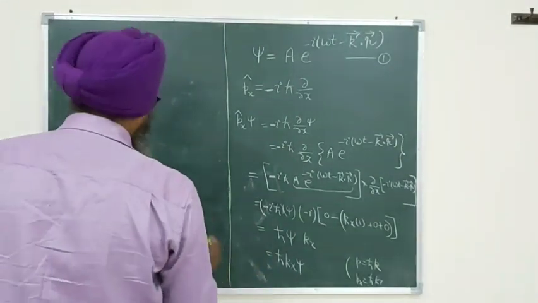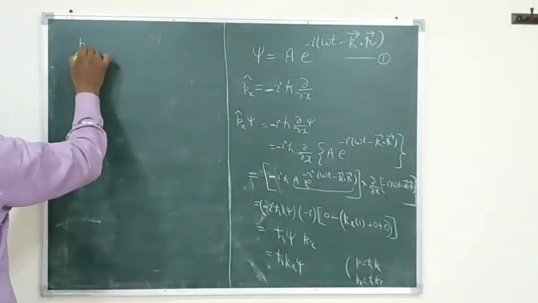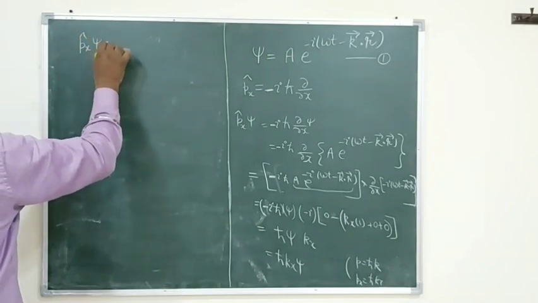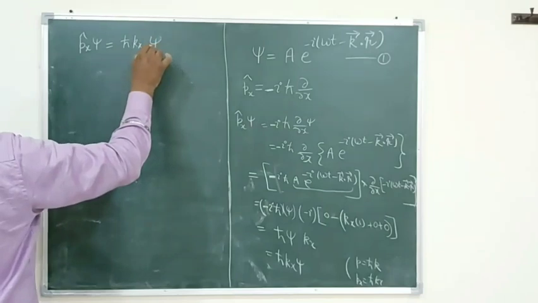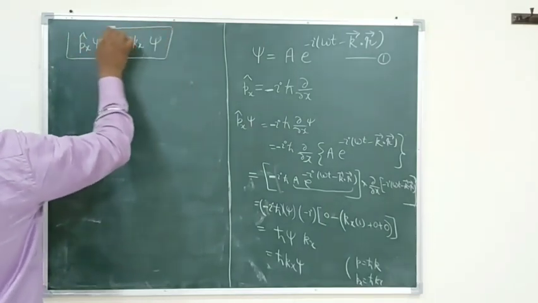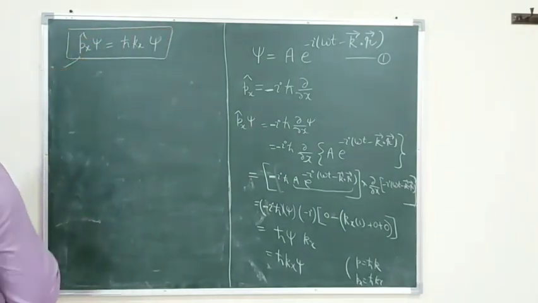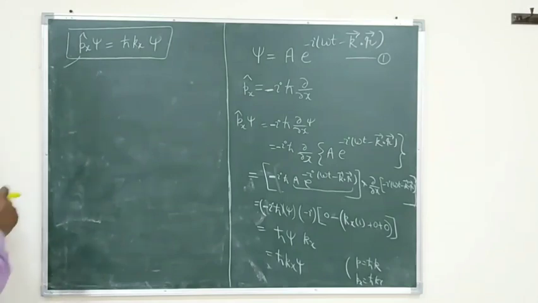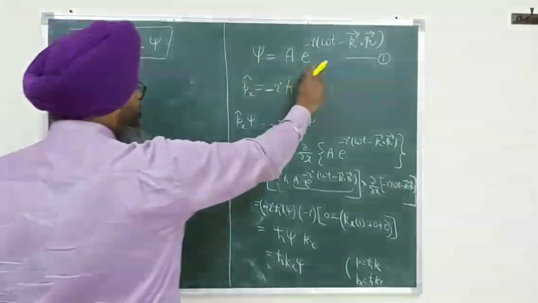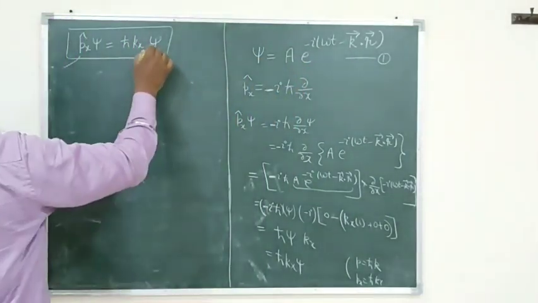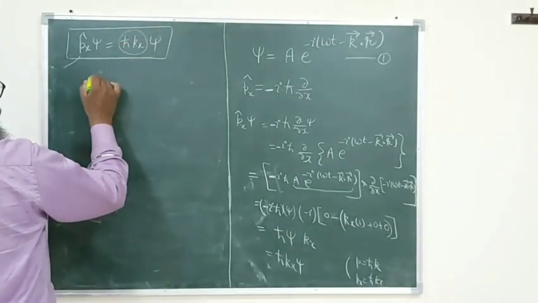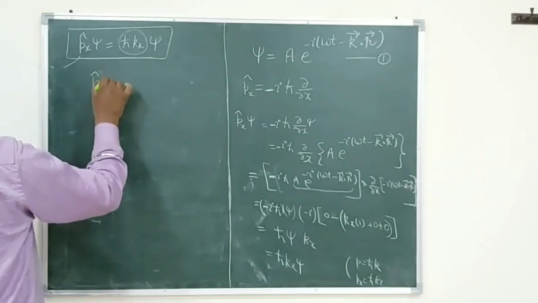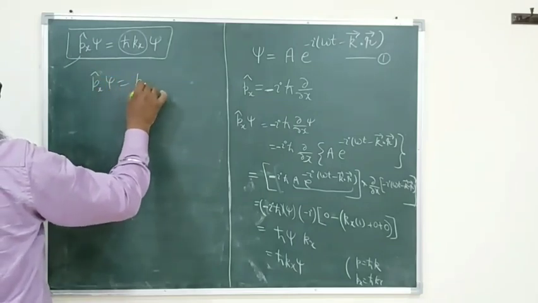Now look, this equation px cap psi is equal to h cross kx psi is an eigenvalue equation. In this, px cap is an eigen operator, psi is an eigen function. This value h cross kx, you can also write it as px cap psi is equal to px psi.